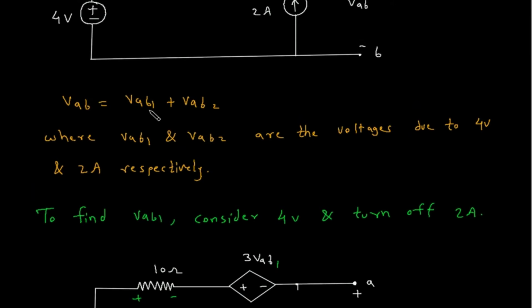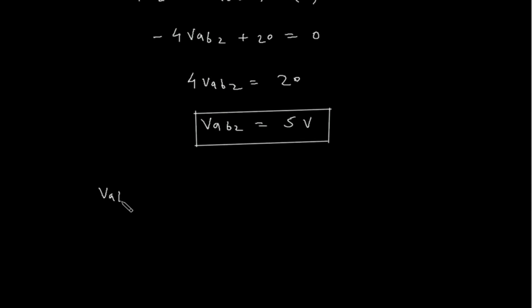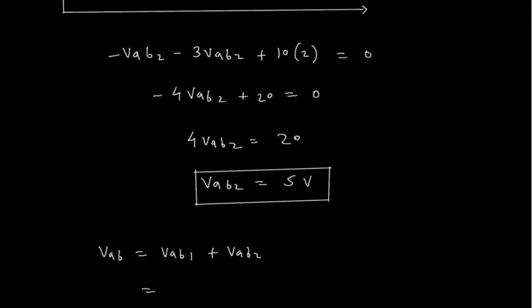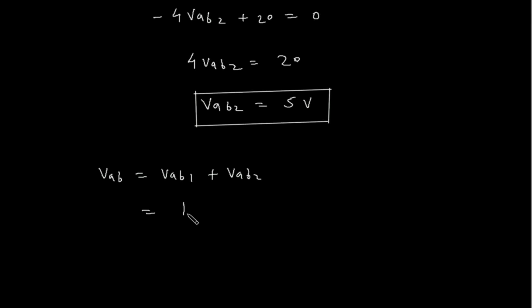VAB is equal to VAB1 plus VAB2. VAB1 is 1 volt plus VAB2 is 5 volt. So this will be 6 volt. VAB is equal to 6 volt.